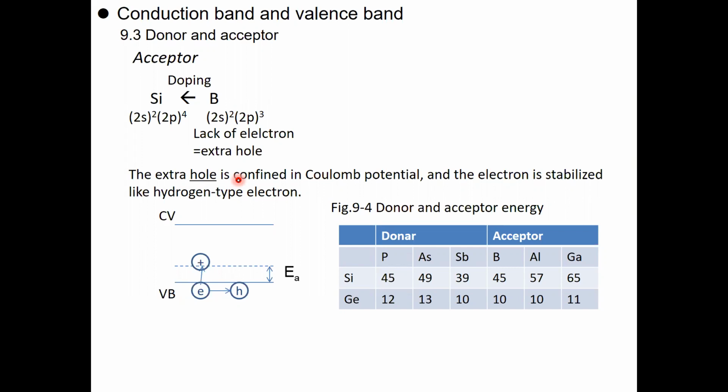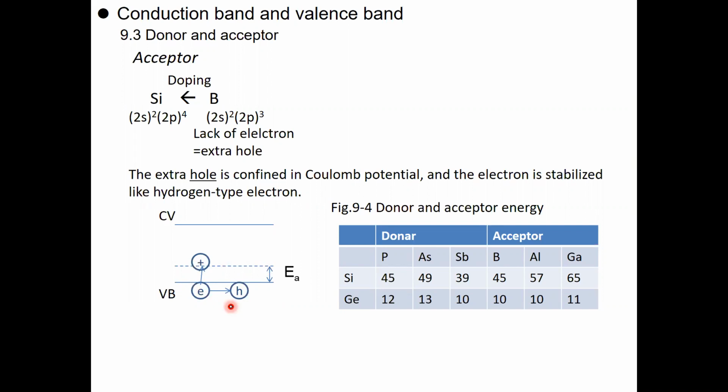So this extra hole is stabilized by the negative charge at the center of the lattice position. And then what happens is the electron in the valence band is easily excited to the acceptor state, and then a hole is generated.